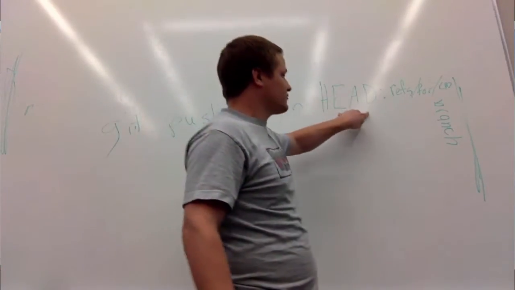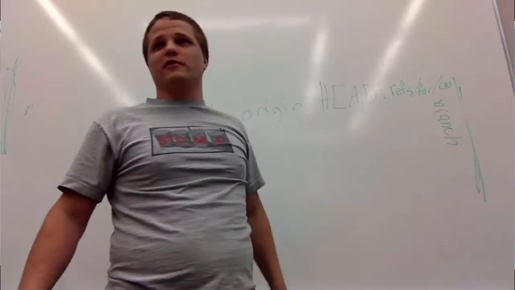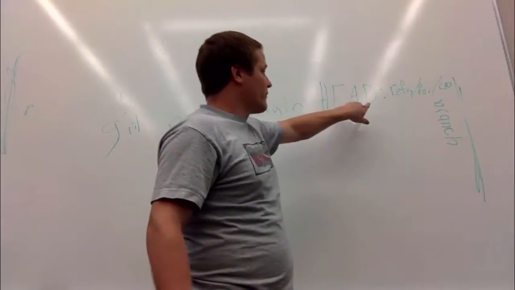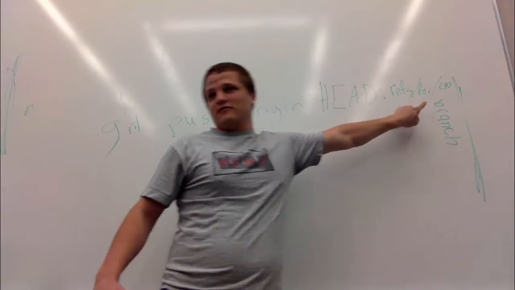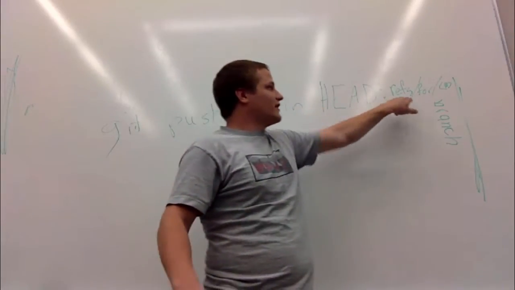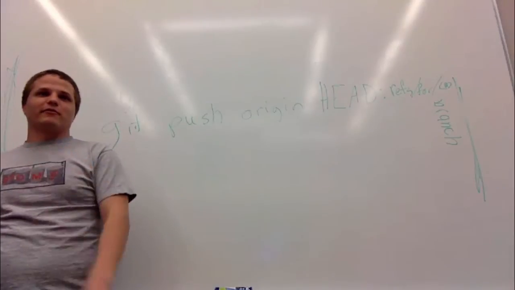But in our case, we don't care, and for the sake of brevity and because we're lazy, we type HEAD because we don't want to type a commit hash. So remember the refspec: source, colon, destination. Remotely, Gerrit has this refs/for thing that is an interface it provides.